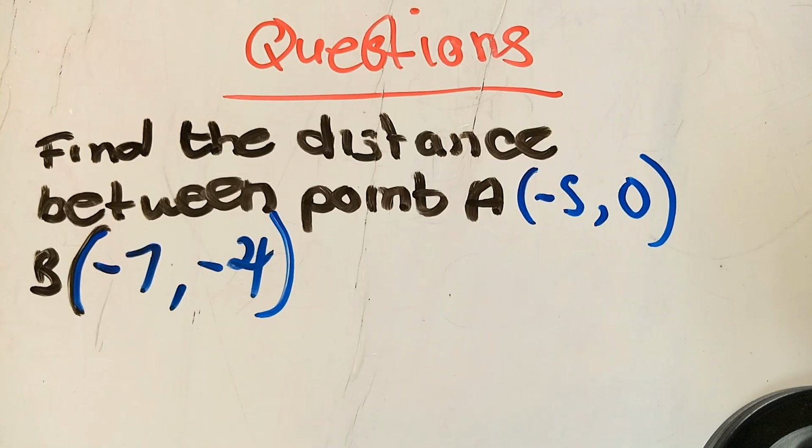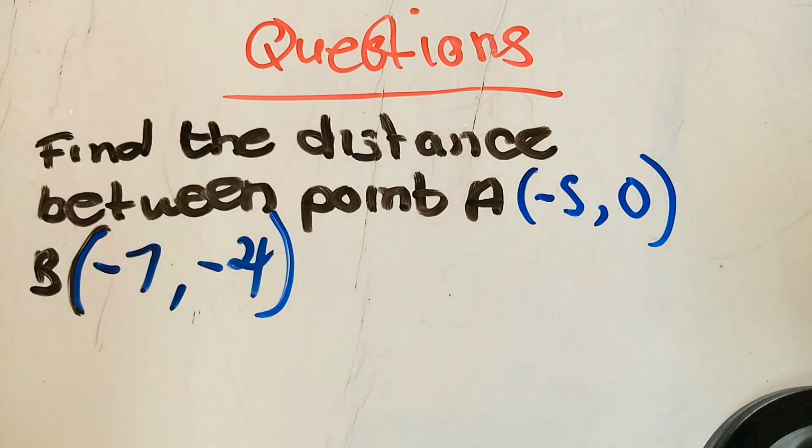So we're given this question. Find the distance between point A, which is (-5, 0), and point B, which is (-7, -4). So we're going to use the same formula. So let's try answering it together.